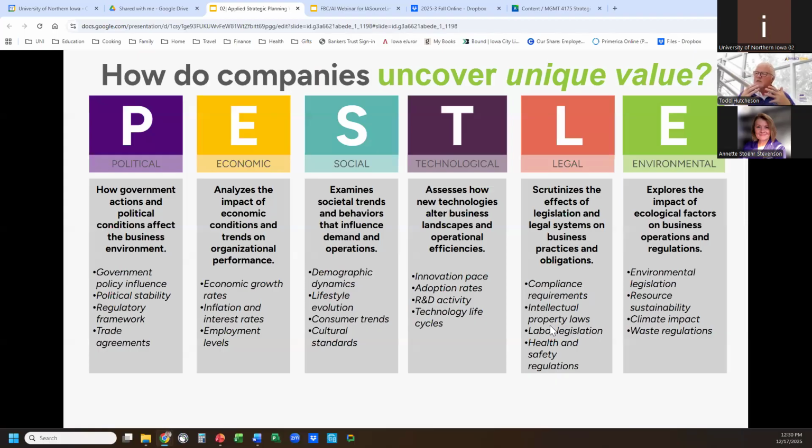And then environmentally: environmental regulations, resource availability, as well as environmental impact on those resources, climate impact, waste regulations, any of those things that impact my ability to do business. So this is going to help me set up a strategic framework for how my business or organization is going to operate in that unique environment.